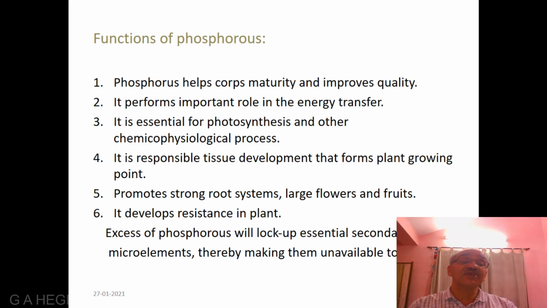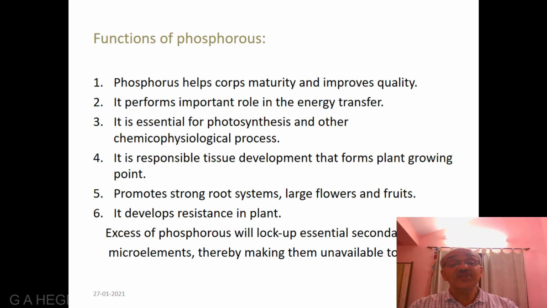Functions of phosphorus. Phosphorus helps crop maturity and improves quality. It performs an important role in energy transfer. It is essential for photosynthesis and other chemico-physiological processes.